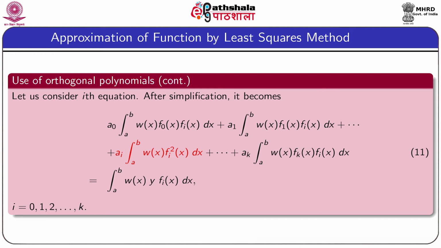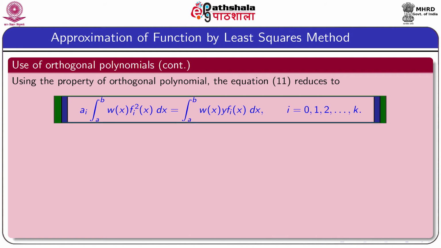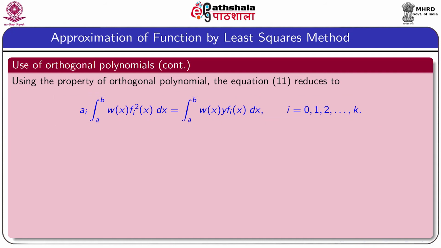Similarly, the second term is also 0 because this is the inner product of the polynomials f1(x) and fi(x), and so on. That means after simplification, this equation reduces to ai into integration a to b w(x) fi square(x) dx equal to integration a to b w(x) into y into fi(x) dx, and this is true for all i equal to 0, 1 up to k.